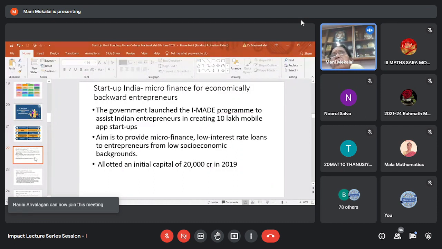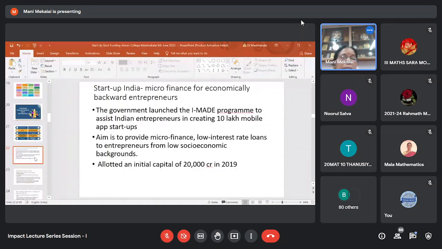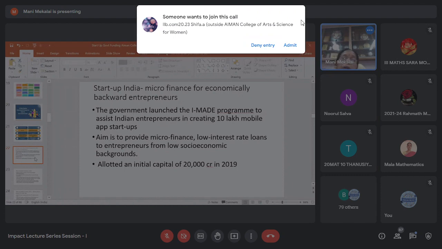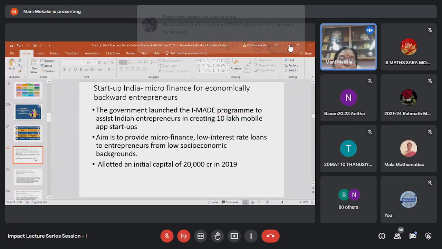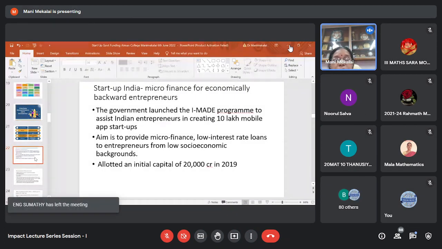But you will see very micro-scale operations: running a petty shop, an idli shop, a vegetable shop. Somehow women or men are engaged in them. So please inform all the members that there is a program called Startup India for the economically backward, and they can avail up to 10 lakh loan without any collateral. This is basically to provide microfinance and low-interest loans to entrepreneurs from low socioeconomic backgrounds.